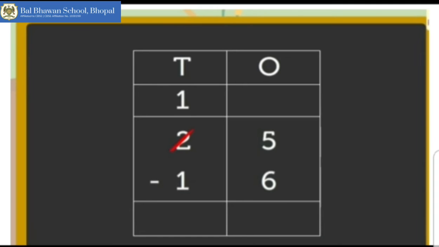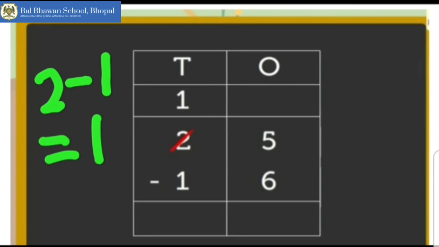Okay, so when the number on the top is smaller than the number written under it, you have to borrow from the digit at the tens place. So here the digit at the tens place is 2. This 2 will give one borrow and it will become 2 minus 1, that is 1. So here they have written 1.